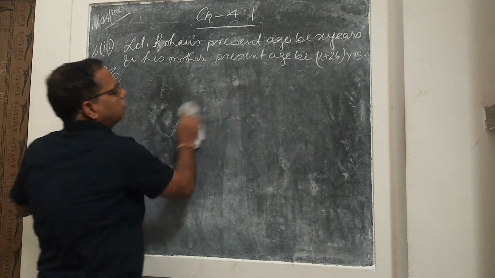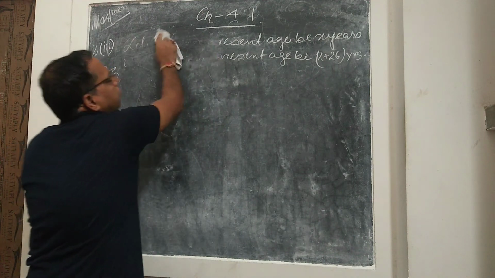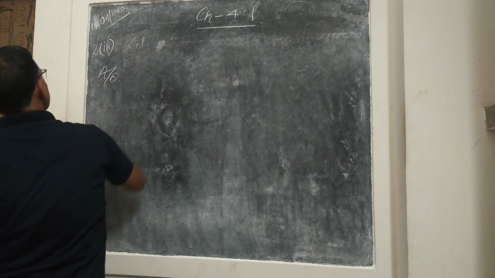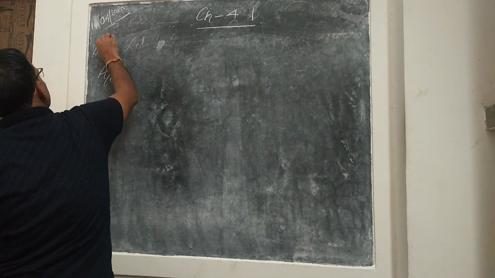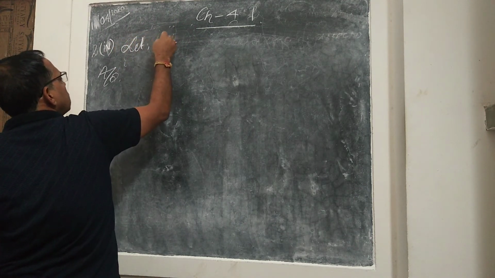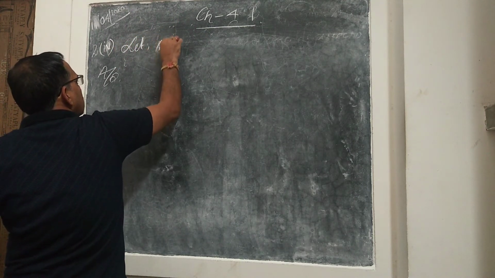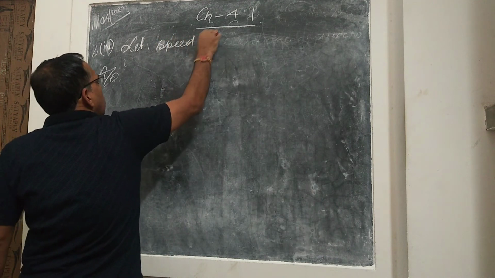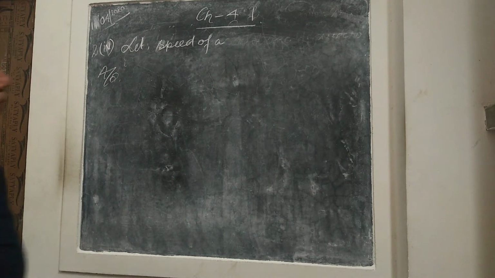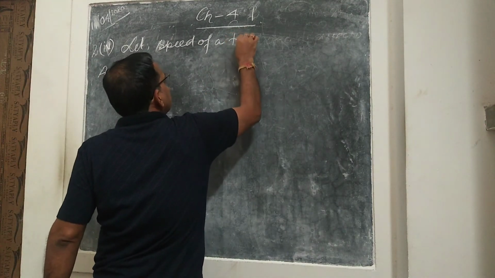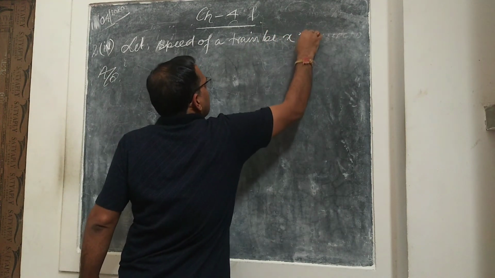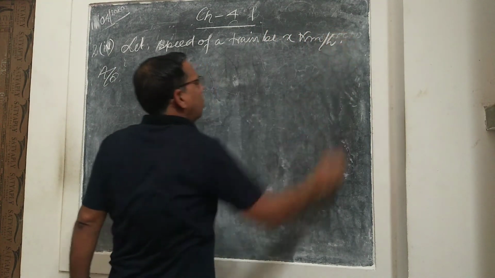Let the speed of the train be x kilometer per hour.